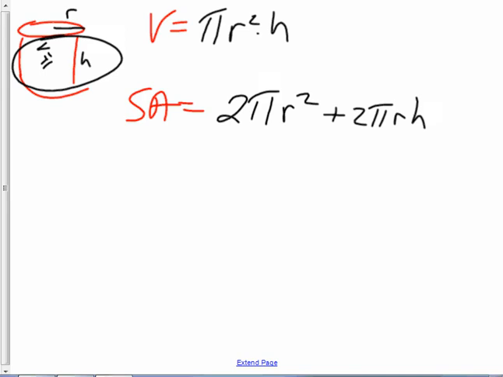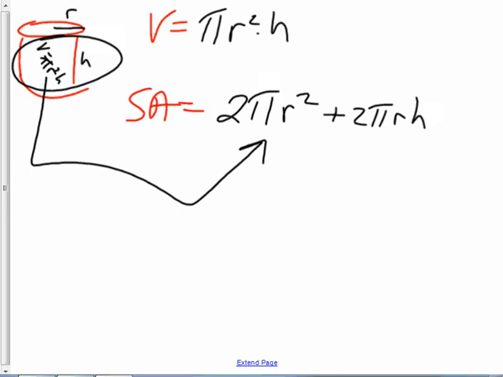Volume is pi r squared h. But really, that's just kind of cheating to make it fit my scenario, which is draw a picture, have a formula, stick the stuff from the picture in the formula. But basically, I got to get this stuff into here. The little formula needs to go into the big formula.